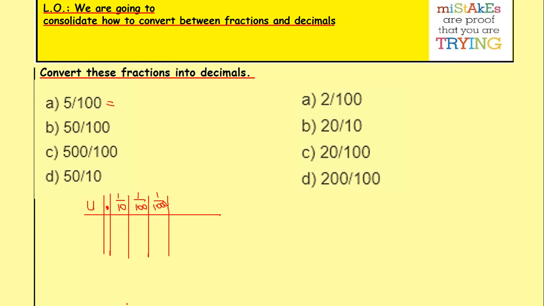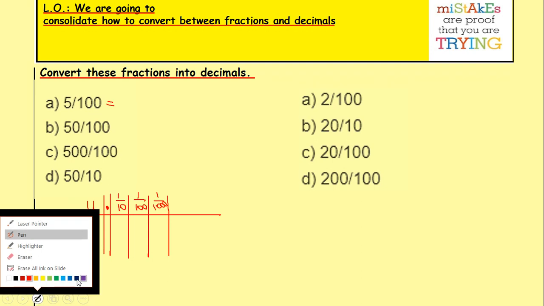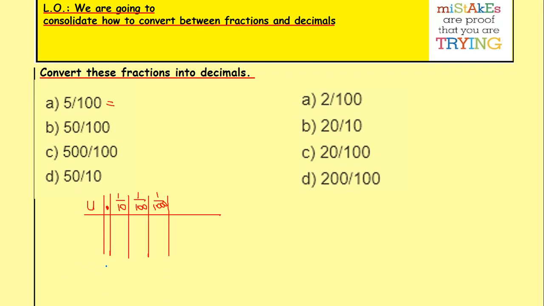Now I have my first fraction, which is 5 above 100, which means 5 hundredths. I need to put the 5 here, isn't it? Because here are the hundredths. But this number doesn't exist in math, so what we need to do is fill up with the decimal point and 0 placeholders. So I put here a 0 placeholder, but still this number isn't actually 0.05.